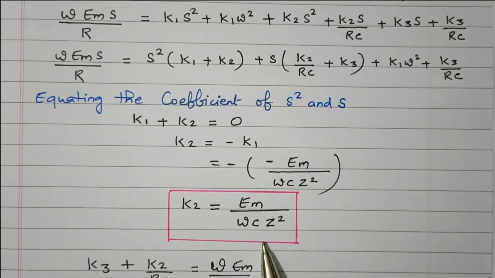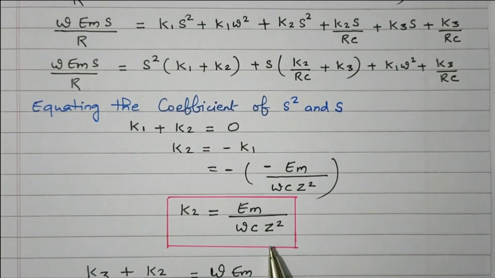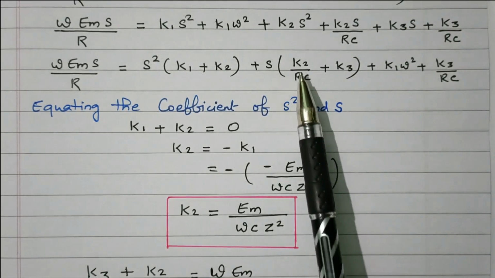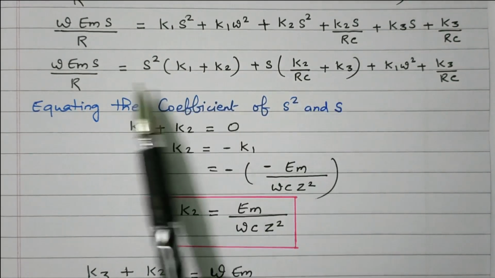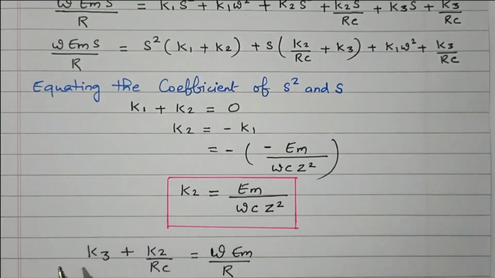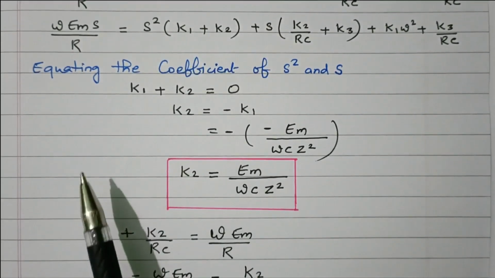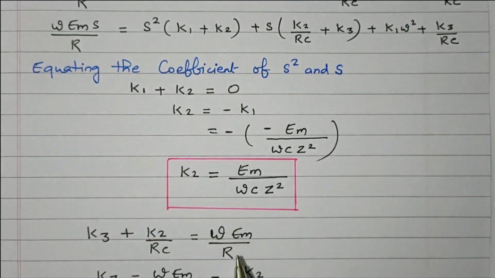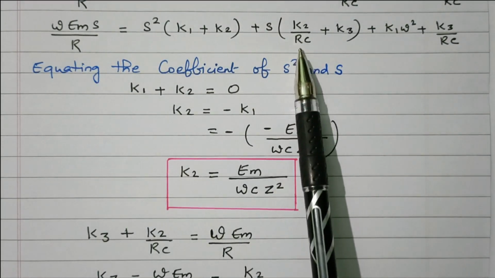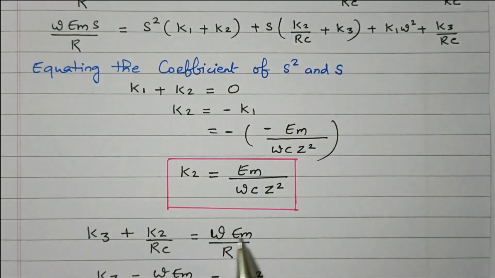Now we'll equate the coefficient of S. Coefficient of S is K2 divided by RC plus K3. That is equal to 0. Here the S term is not available, the S term is available here: omega Em by R. Omega Em by R equals K2 divided by RC plus K3.